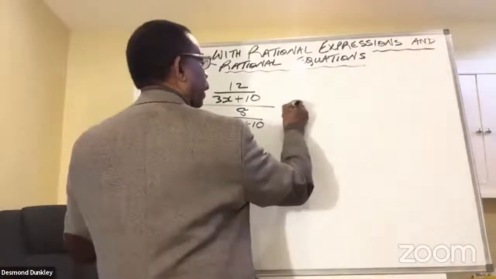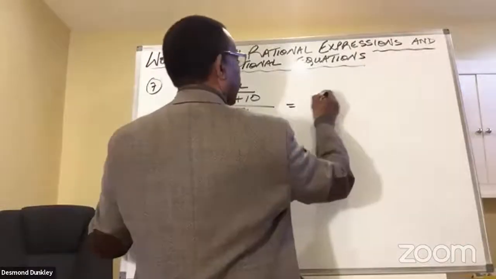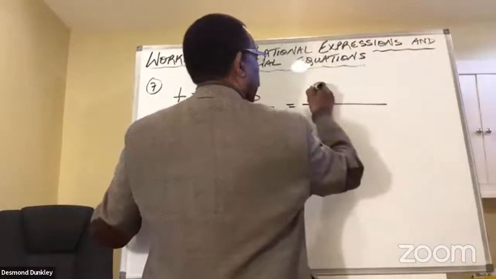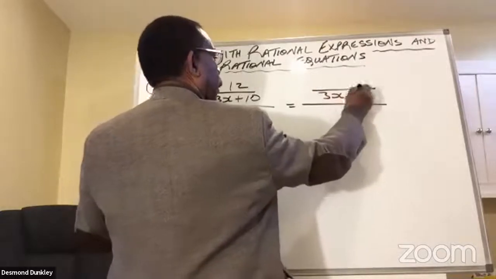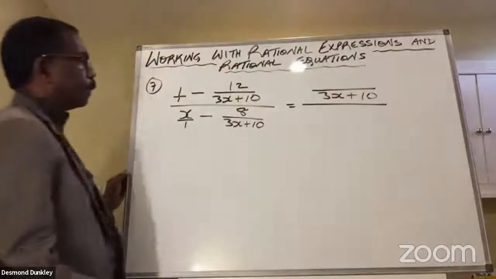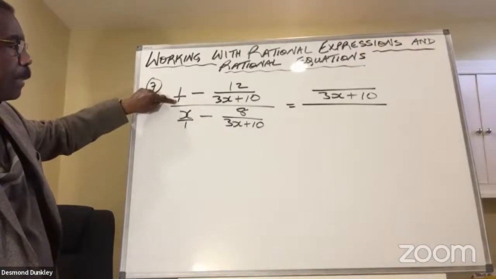I think you're getting the drift. So this is going to become over 3x plus 10. And then the top here is going to become, this is going to become 3x plus 10.